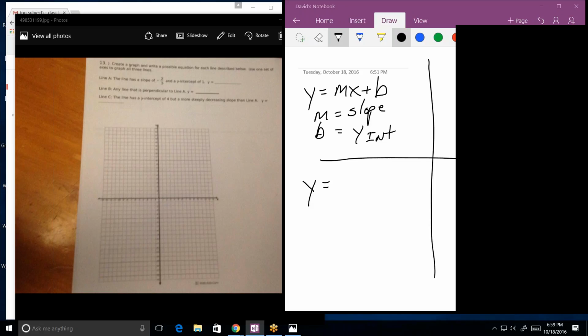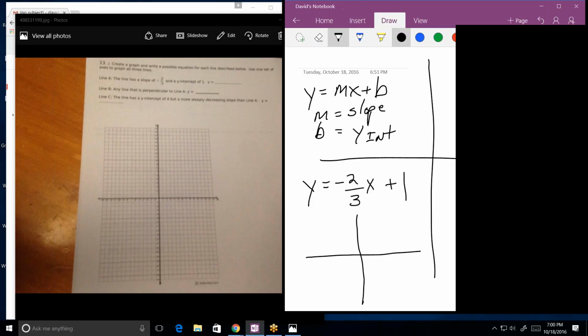Yeah, so it'd be y equals negative 2/3 x plus 1. That's the equation of that line. Very simple. If you know the slope and you know the y-intercept, then it's really easy to come up with the equation. Now, to graph it, it's also pretty easy.